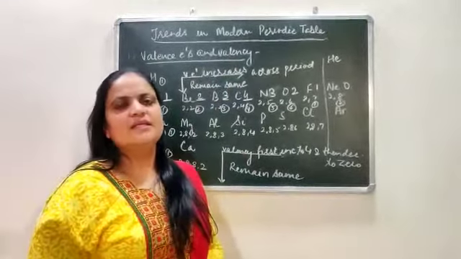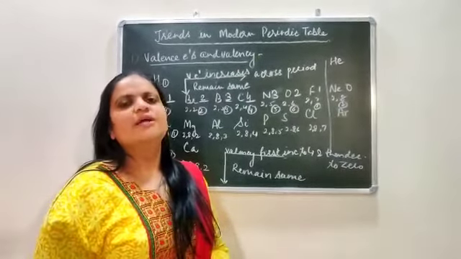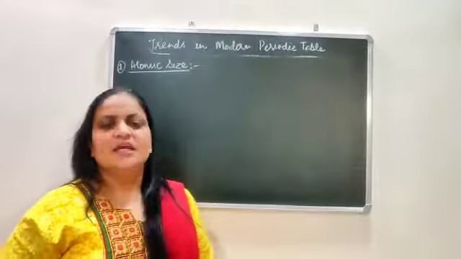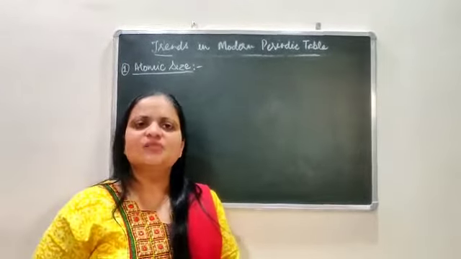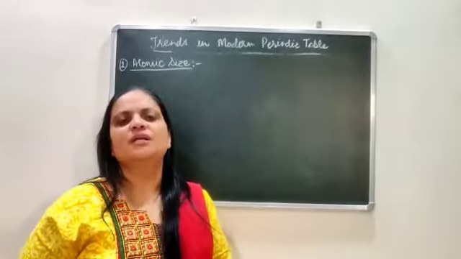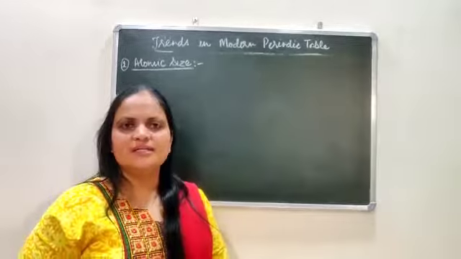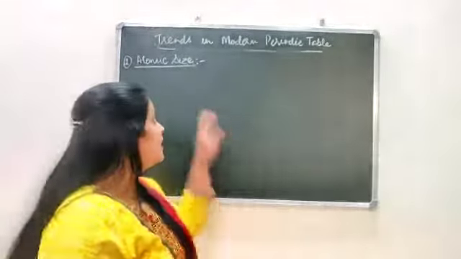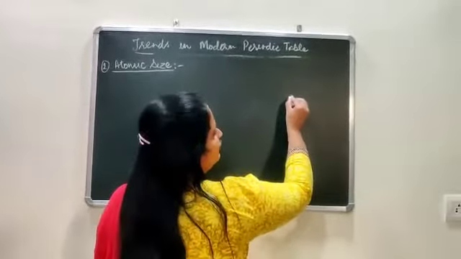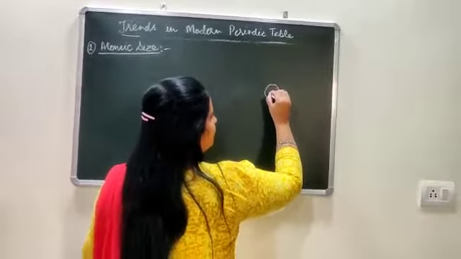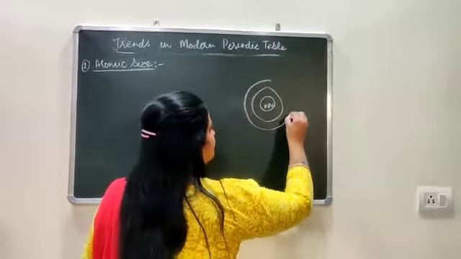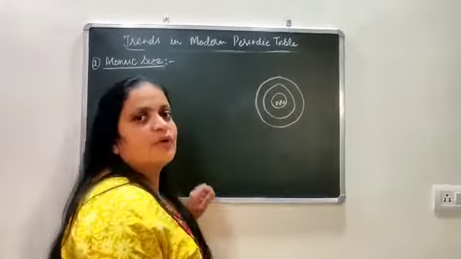Now we will discuss the second property, that is atomic size. If we consider the atom as a sphere, then this distance from the center of the nucleus to the outermost shell is known as atomic radius, and with the help of atomic radius we can calculate the atomic size. How? The atom is basically made up of two parts. The center one is the nucleus and these are the extranuclear region, or you can say the number of shells present.